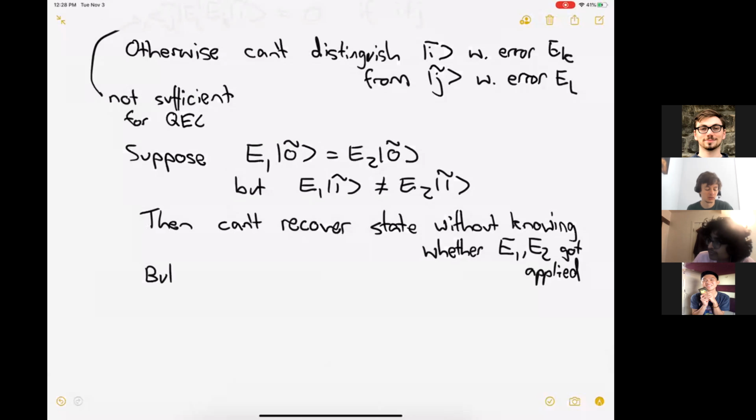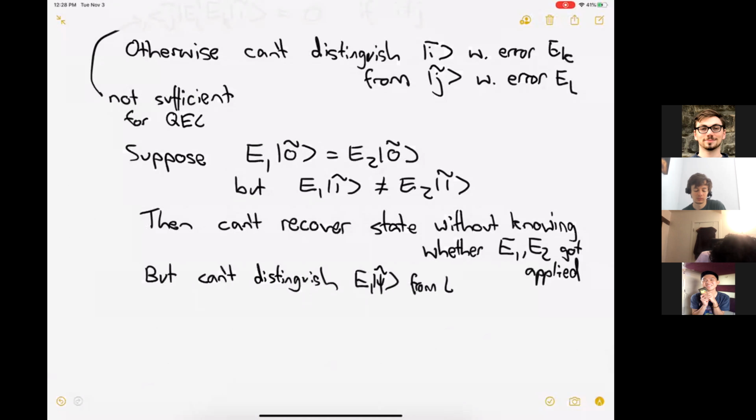But also, we can't distinguish the state after E1 is applied from the state after E2 is applied without affecting the state.